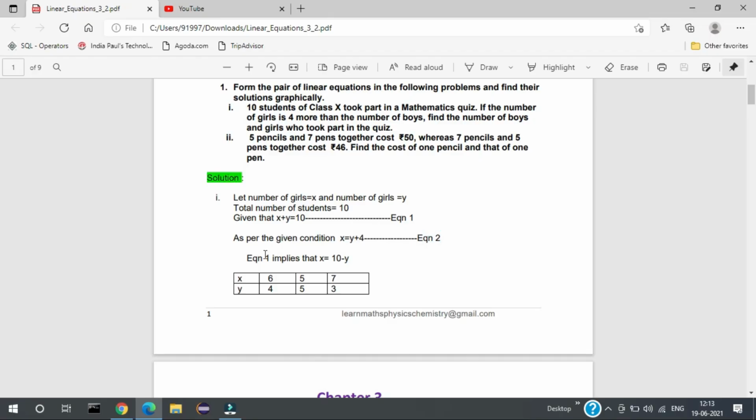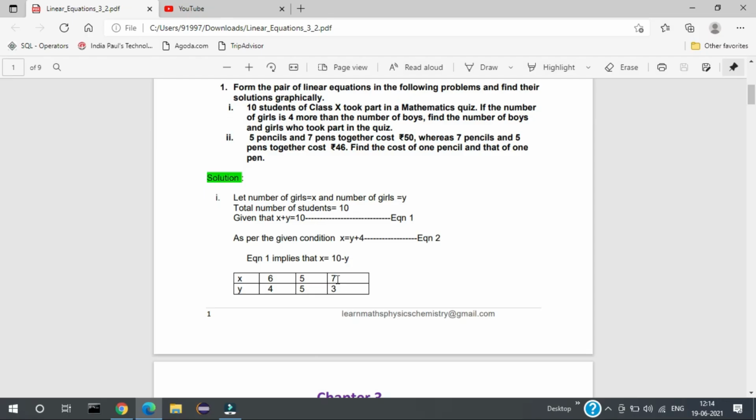Equation 1 implies that x = 10 - y. So when y is 4, x will be 6. When y equals 5, x will be 5. When y equals 3, x will be 7.